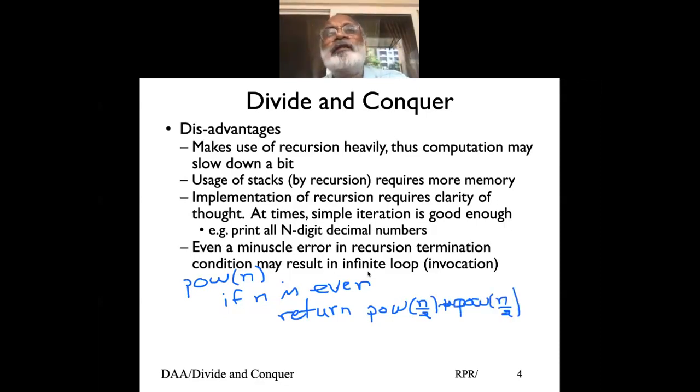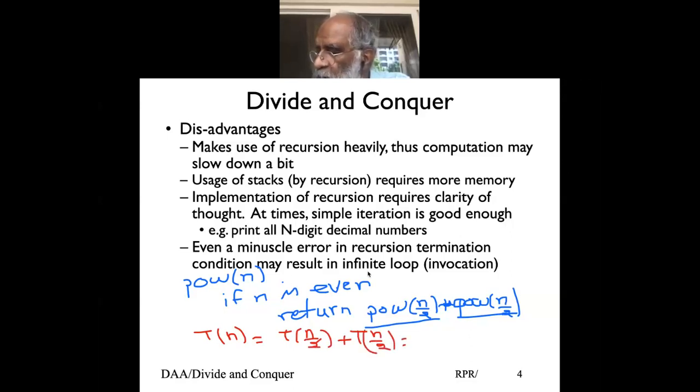If we are doing this, we are actually not making any benefit. Why? Because we are solving power n by 2, and we are again invoking power n by 2. And that means our original problem, the time complexity T(n), becomes T(n/2) plus T(n/2), which is 2T(n/2), and which basically gives me order n.